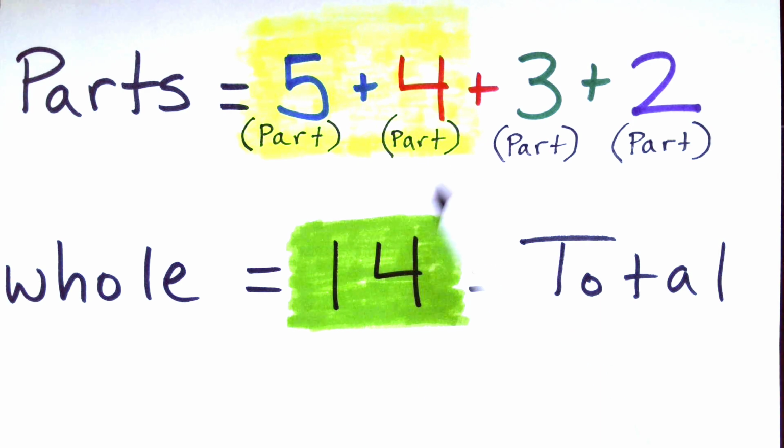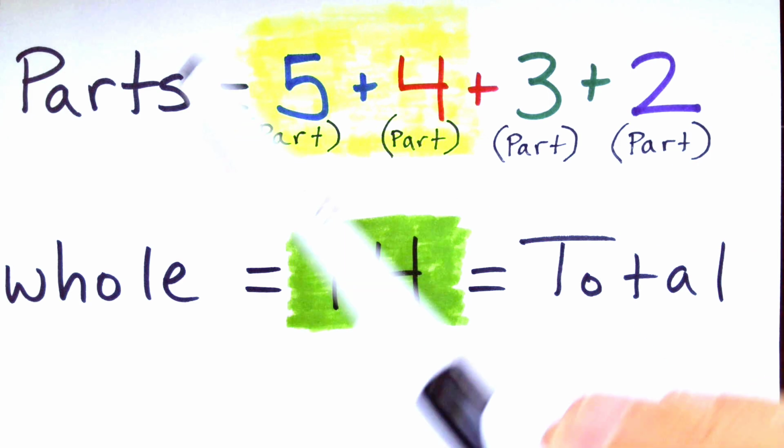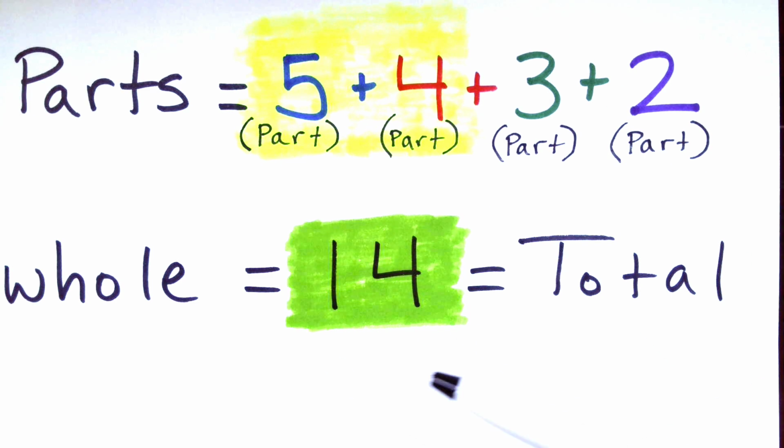Remember, those are the parts to the whole. When you add up all the coins they mentioned in the word problem, there are a total of 14, right? So that's your denominator, 14. There's something special. You can't just add 5 plus 4, right? Because there's something special that you need to have when you're adding fractions, and that's a common denominator.